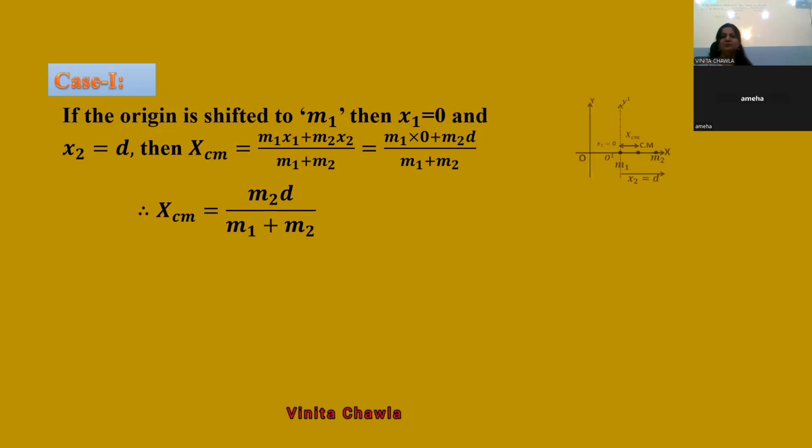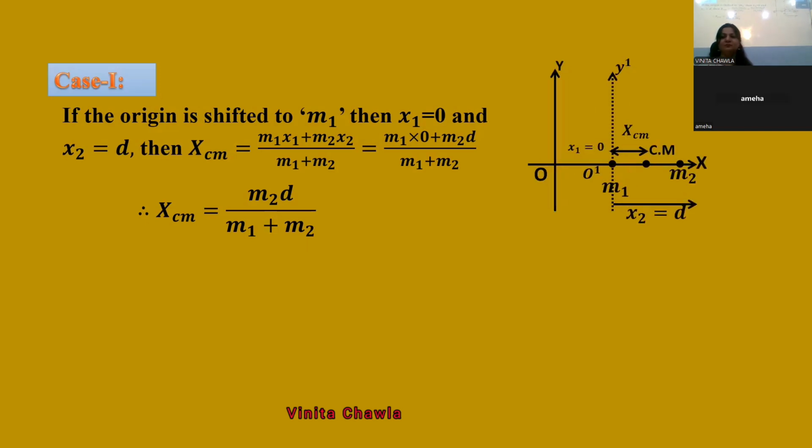Done. So we have moved our origin from this point to this point where m1 is. Then x1 becomes 0 and x2 becomes d.